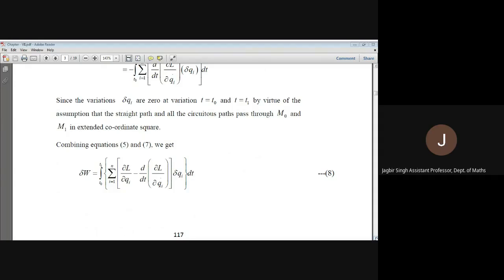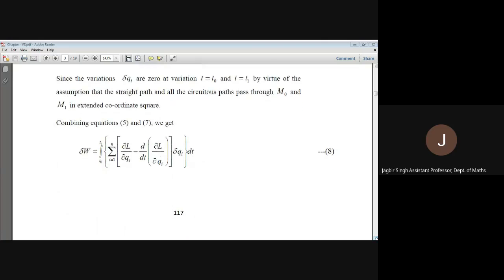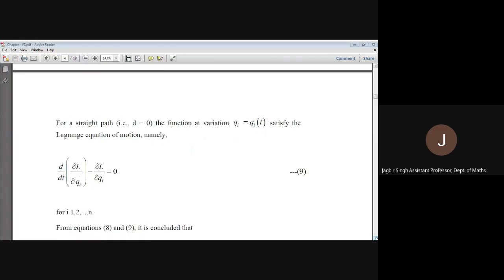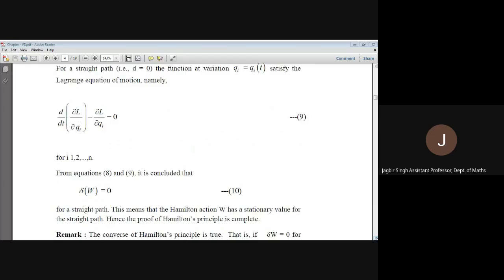And now if we are discussing a straight line path, then along it the Lagrange equation is satisfied, meaning d by dt of curly L by curly Qi dot minus curly L by curly Qi is 0. So the quantity on the right hand side is 0. It means variation of W is 0. So along a straight line path, the variation of the Hamilton action is 0. It means the Hamilton action will have a stationary value.